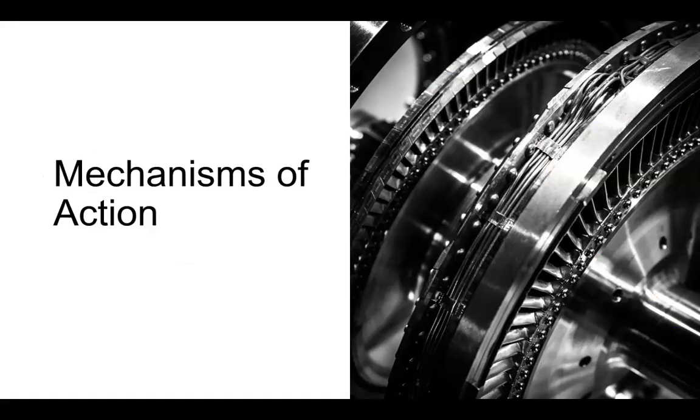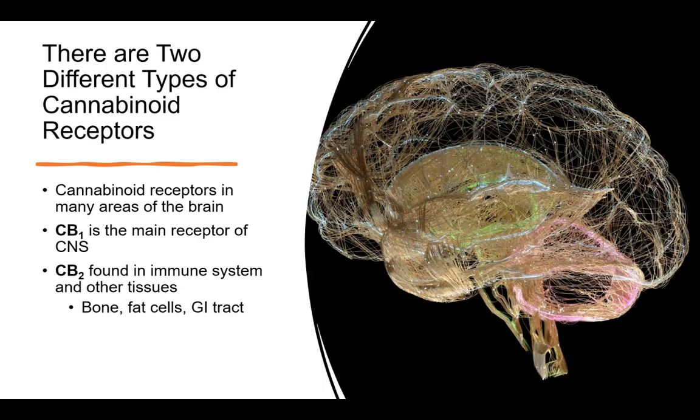Now let's talk a little bit about the different mechanisms of action. There are 2 different types of cannabinoid receptors, originally discovered in 1988. We have CB1 and CB2.